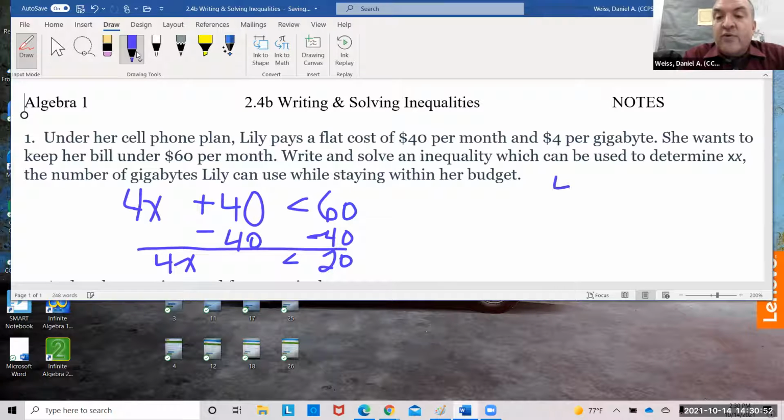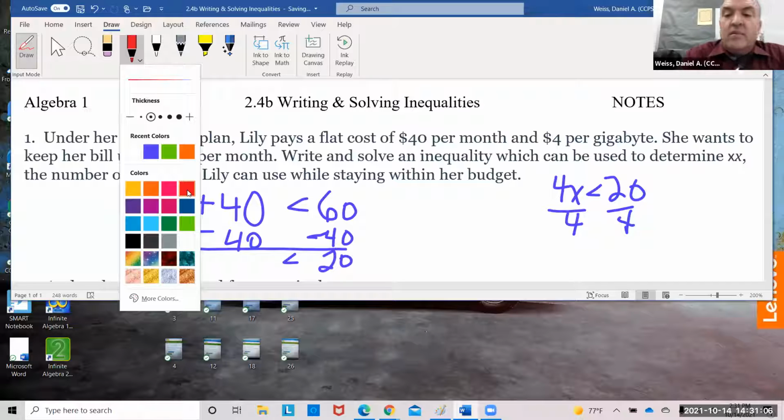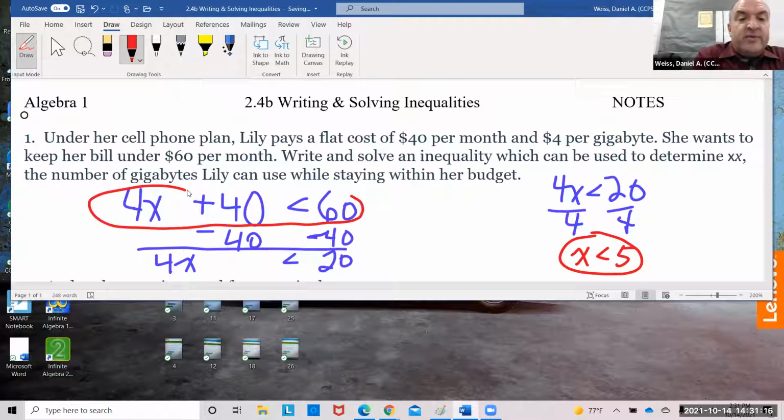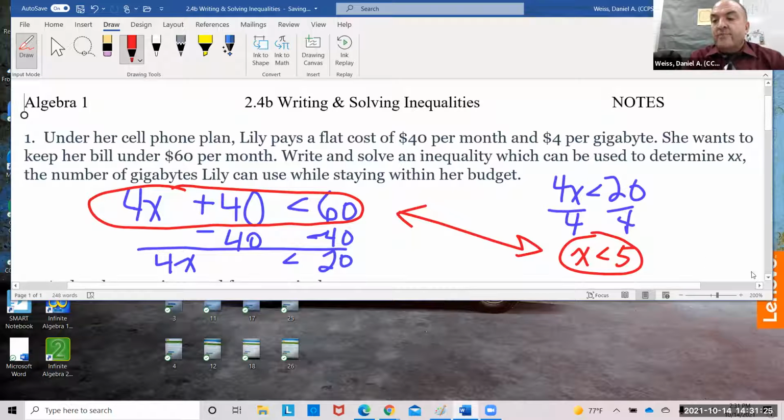So I divide both sides by 4, and I get X is less than 5. So that is the final answer, and this here will be the setup. You will need both answers in your Delta Math assignment, okay?